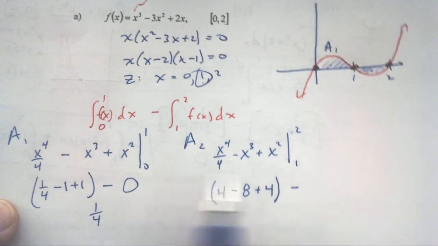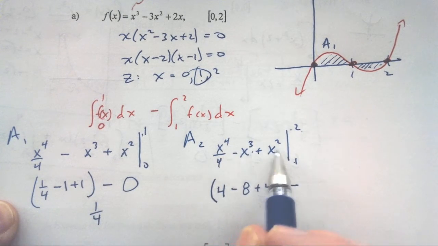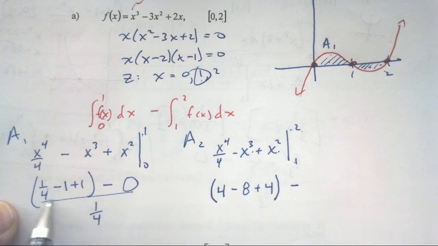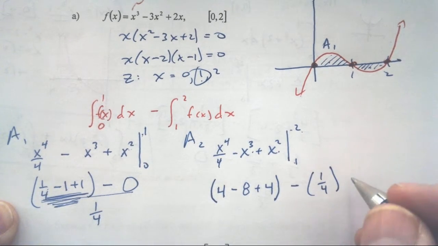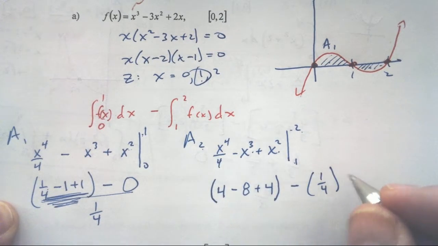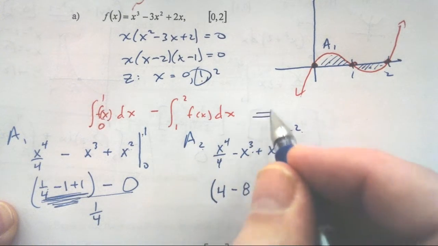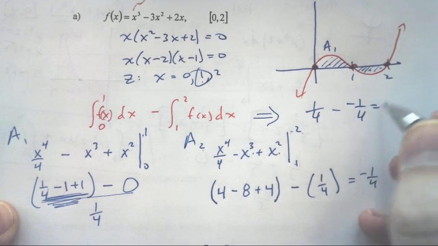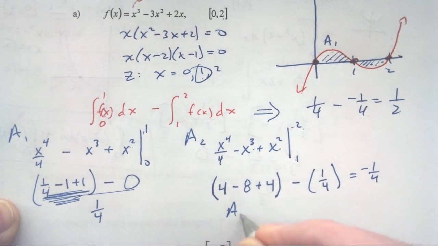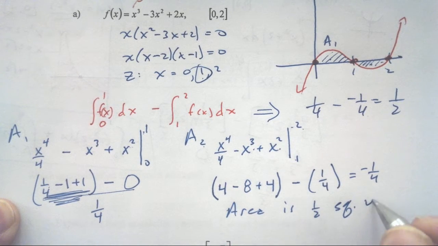Notice, I already put 1 into the same function over here, and I ended up with this portion right here, which was our 1/4. So that area ended up integrating to be negative 1/4. But we want 1/4 minus negative 1/4, or 1/2. So the area is 1/2 square unit.